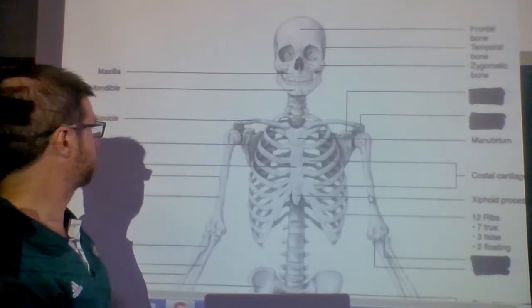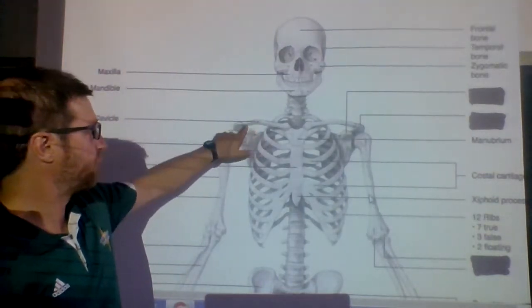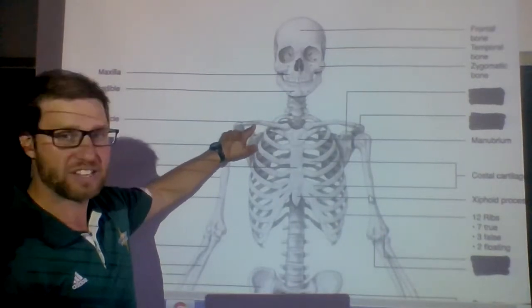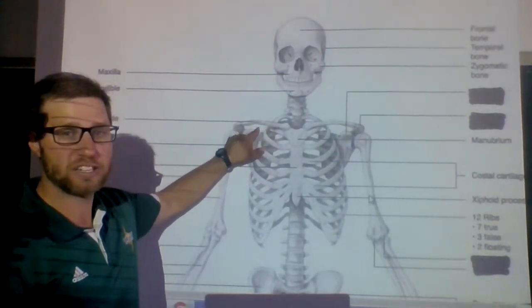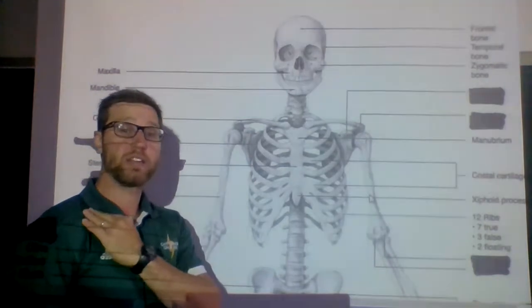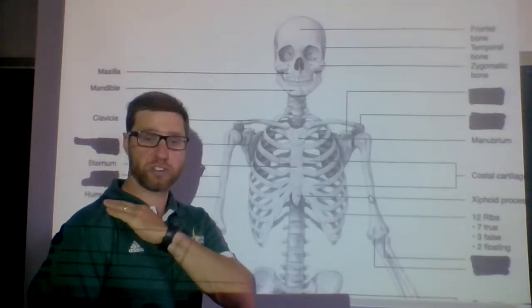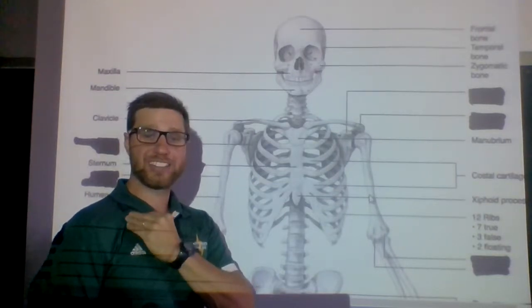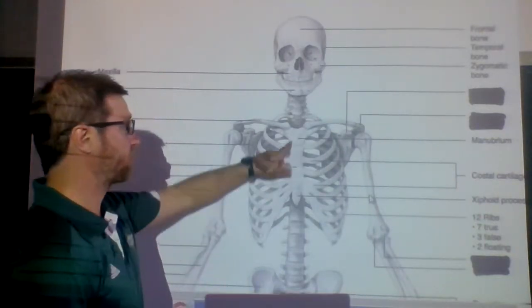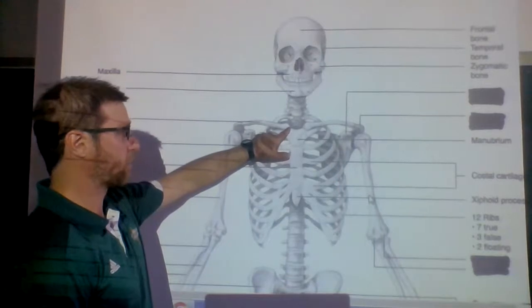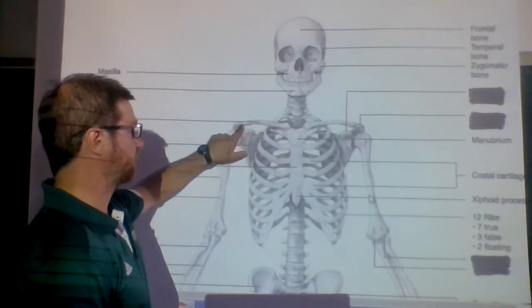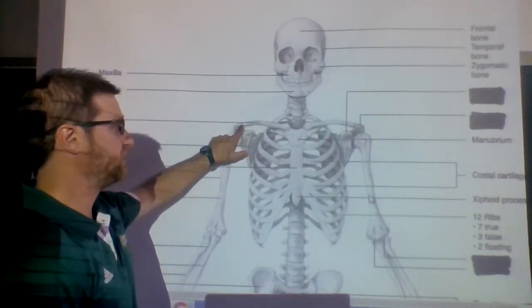Jumping down inferior to the next bone is the clavicle. So the clavicle is your collarbone. Right here on the superior part of your torso, you have the clavicle, and it articulates from the top of your rib cage, your manubrium there, all the way to the scapula.